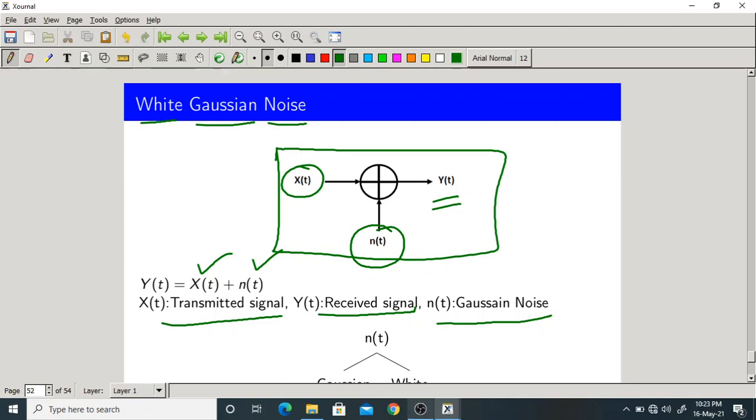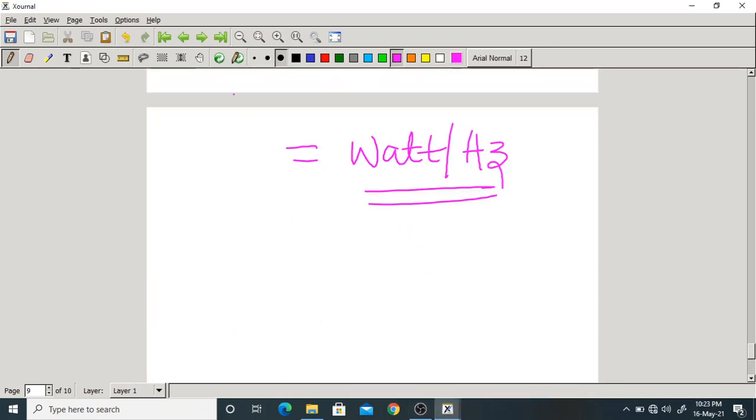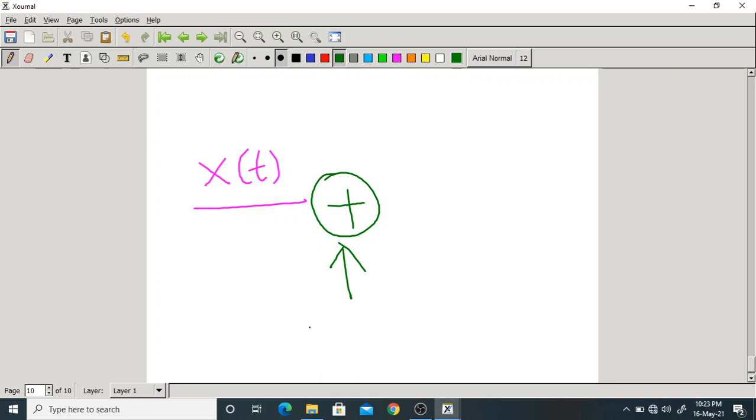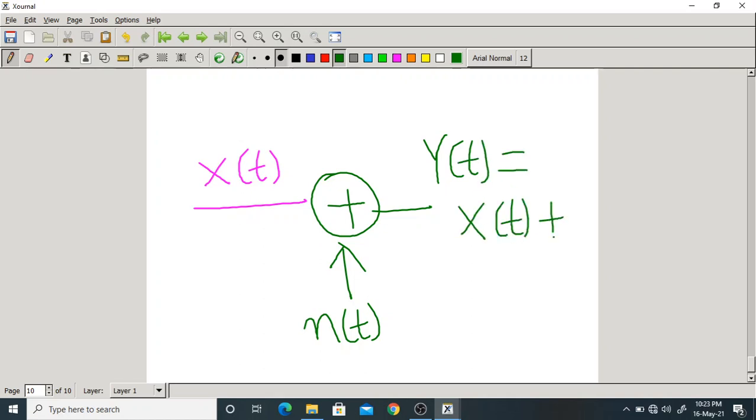So if you take any communication system, you transmit something. This is your original signal. But because of the channel, noise will be added. Finally, what you receive is not x of t. What you receive is your original signal x of t plus some noise n of t.